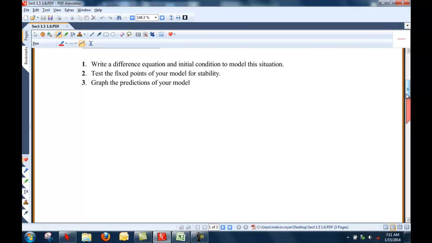Fixed points are extremely important for population models or for dynamical systems in general. They govern everything else really that happens. And so if we identify where this model should have fixed points, this is a biological model, and the species is reproducing, and so if we have nothing, no animals, no deer to start with, we never should have any.